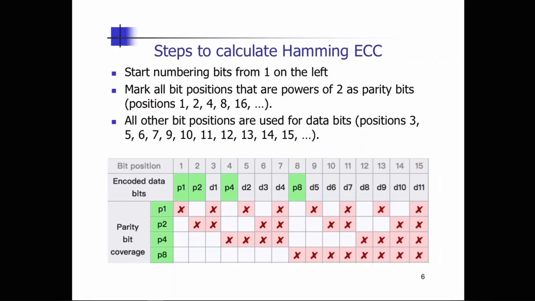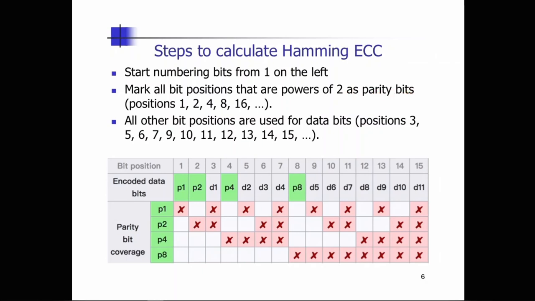If I relate this back to our previous slide, if I have 4 parity bits, then I can get a code word length of 15, and that's what I have over here. I can stop at 10, I can stop at 11, 12, but I get a maximum of 15 as the code word length. So those are my positions: bit position 1, 2, 3, and so on, all the way to 15. So I'm going to write that, and then the second step is mark all bit positions that are powers of 2 as parity bits.